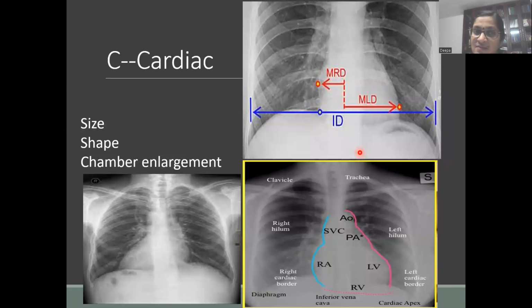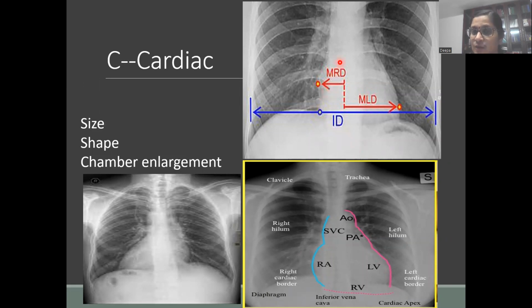Now the C stands for the cardiac examination. With respect to the cardiac size, the cardiac shape and the type of chamber enlargement, X-rays are important. The most important thing is to assess whether there is cardiomegaly or not. Now how do you assess cardiomegaly? You are supposed to take the cardiothoracic ratio.